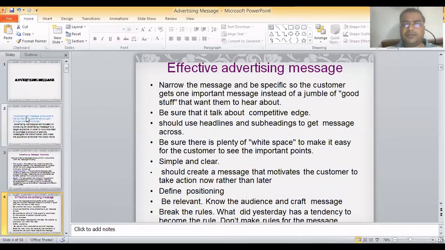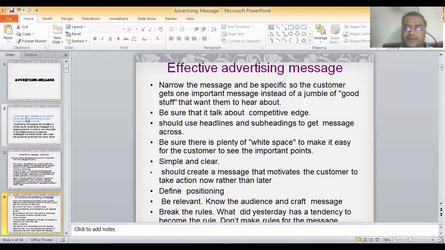Now, how to make an effective advertising message? First of all, you have to be very specific when you are making an advertising message. Advertisements are mostly very costly.